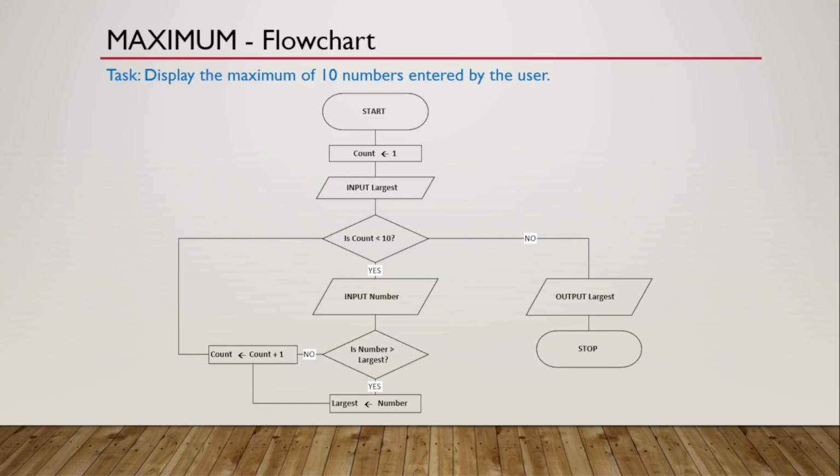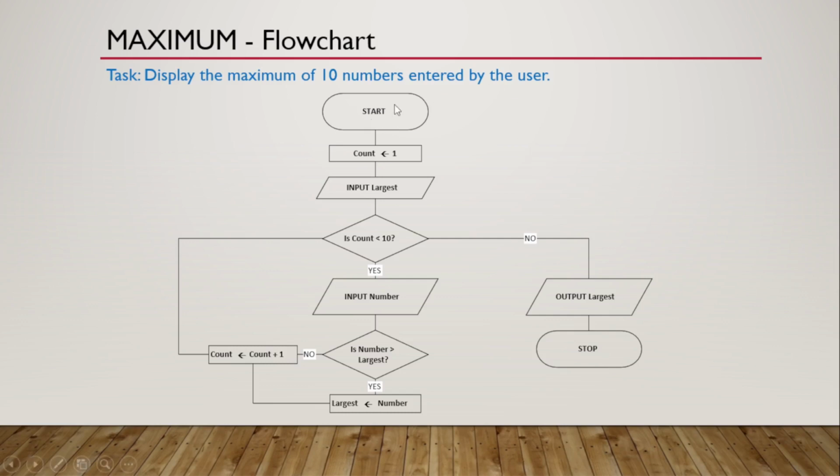Let's say 0, or a very high negative value like minus 99999, for instance. But I have decided that I want to use the first input entered by the user as the largest value. Then I will have to be comparing with the subsequent inputs.